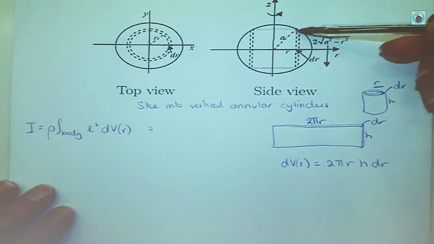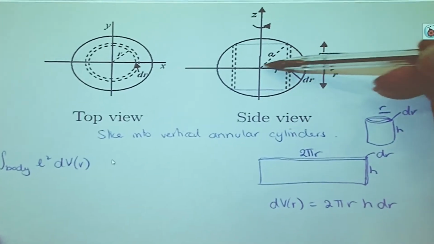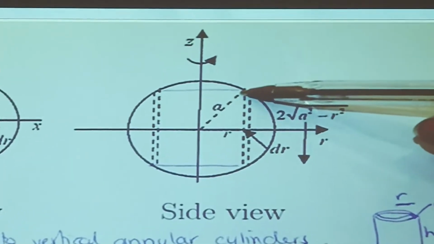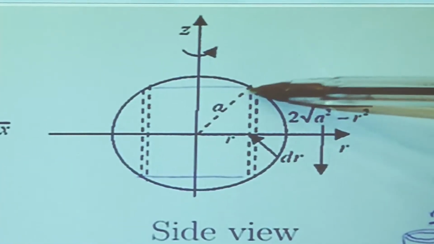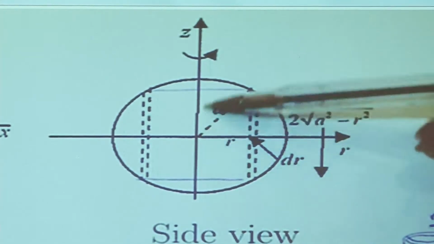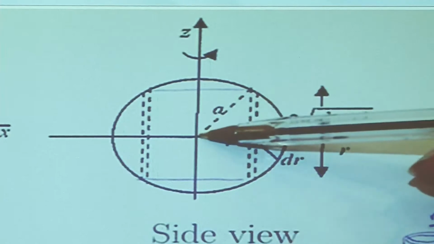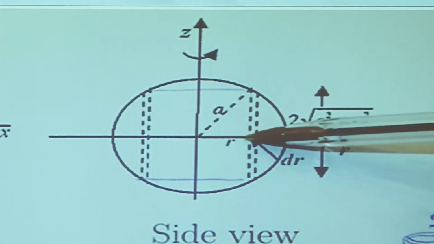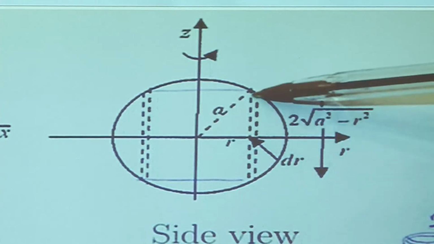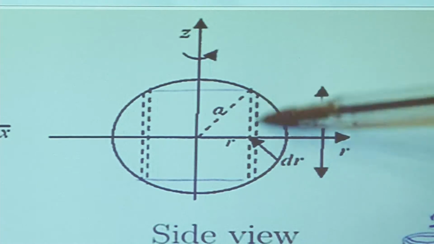So this is the height of your cylinder, right? If I draw a little triangle here, this thing here is a, because it's the radius of the sphere. It's always going to be a, even for a short cylinder, and for a tall cylinder. This distance here is the radius of the cylinder, so this is our r. Actually, we care about the whole distance, which will be twice this distance.